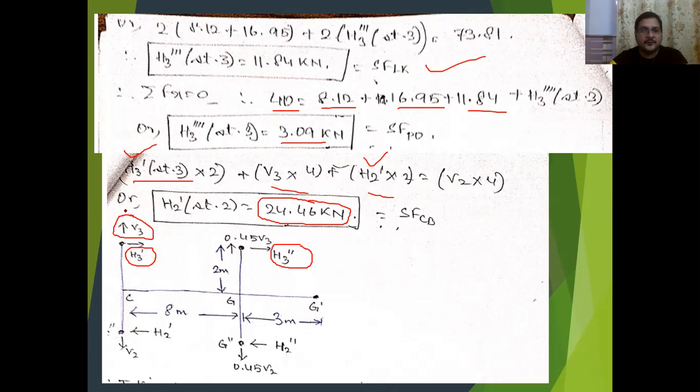So V3 is upwards, which was earlier downwards. 0.45 V3 is upward. Also V2 is downwards because it is still under consideration. So from here we will first calculate H2 dashed and similarly H2 double dashed.